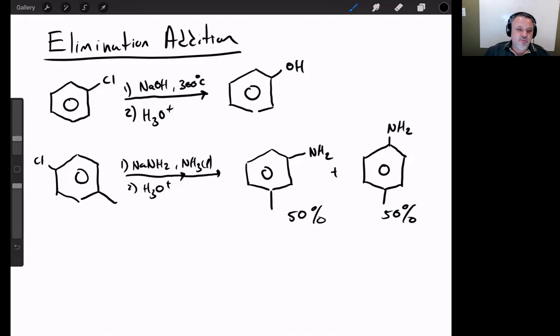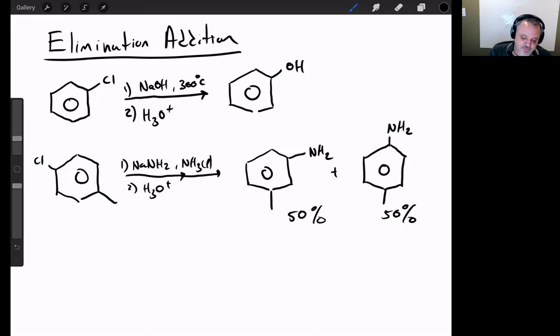The reason why we want to bring this reaction mechanism up is that it can't be explained by the electrophilic aromatic substitution reaction, nor can it be explained by the nucleophilic aromatic substitution.